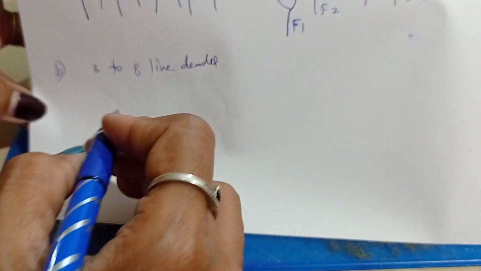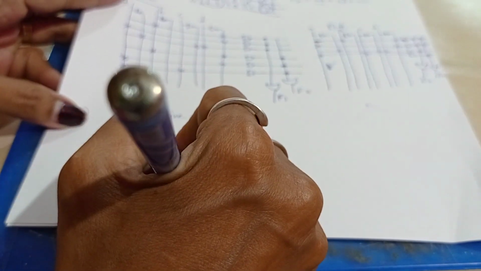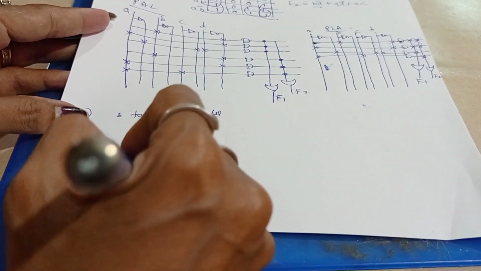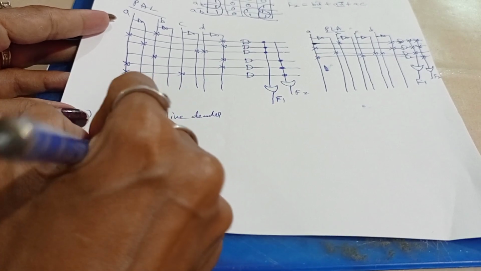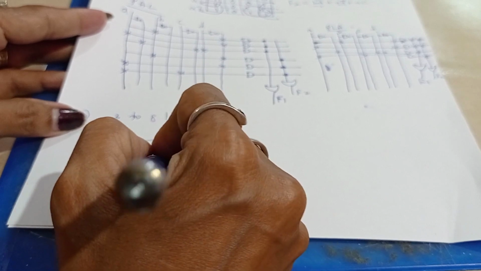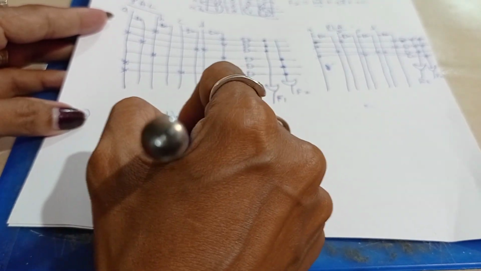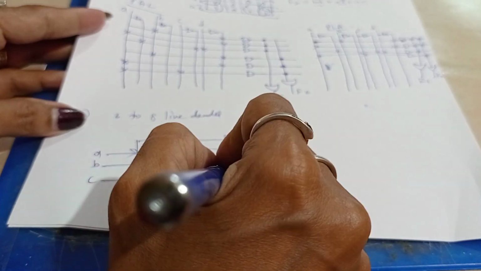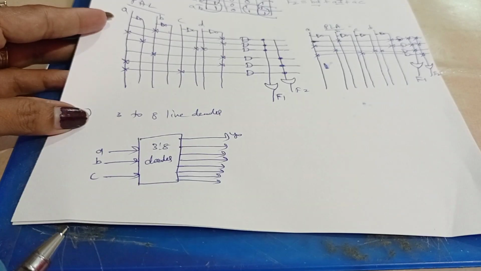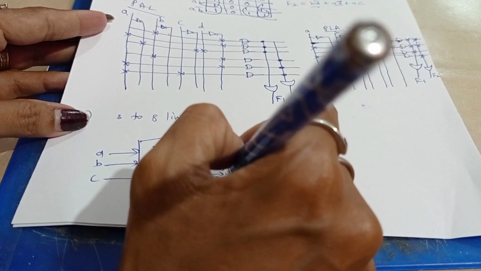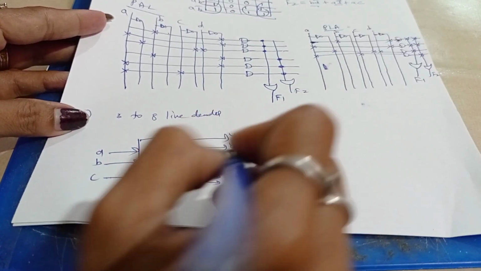That is 3 inputs, A, B, C, and 8 outputs, Y0, Y1, Y2, Y3, Y4, Y5, Y6, Y7.